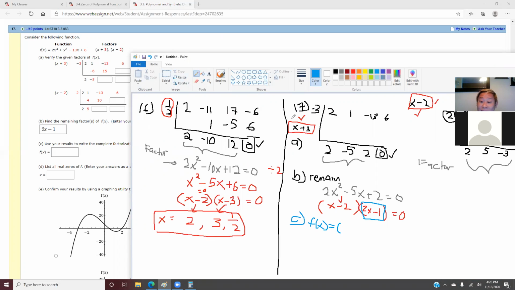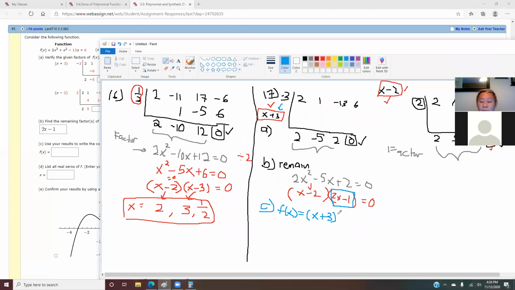That is not a factor. That's the zero. So for negative 3, the factor is what? x plus 3. What else? x minus 2. And the remaining factor? 2x minus 1. Yes.